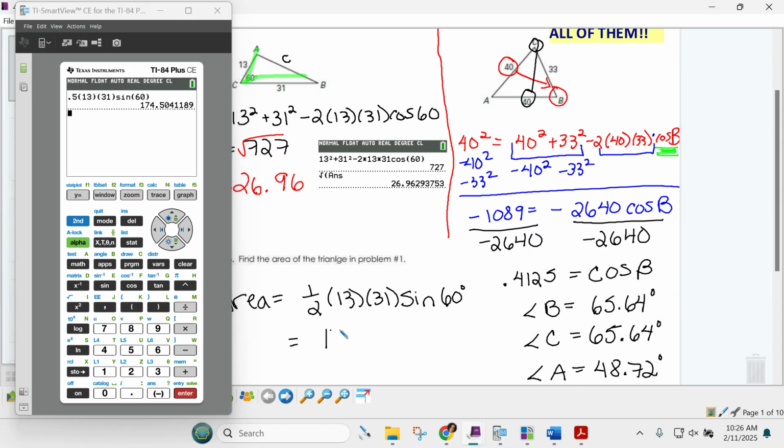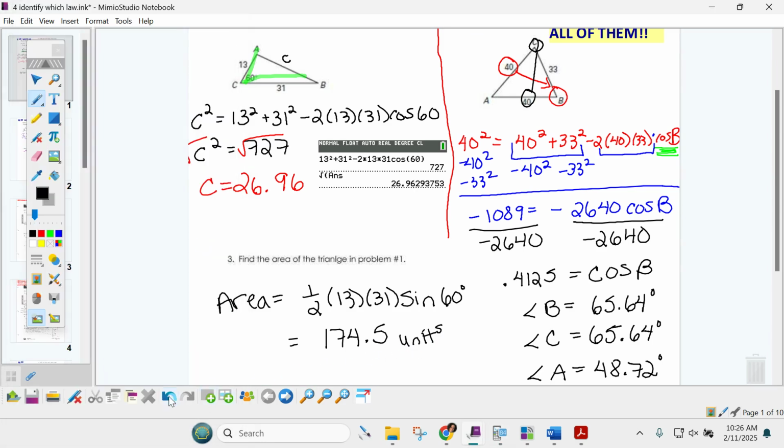Area is 174.5 units squared. This one I should have just put units because they don't give us a type.